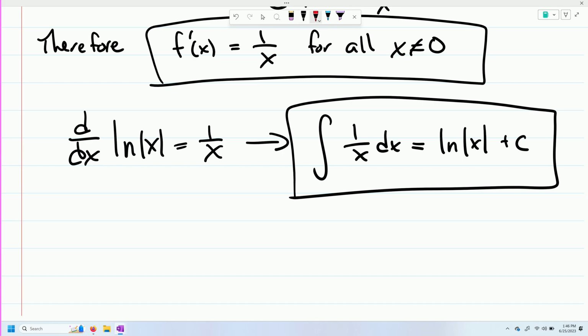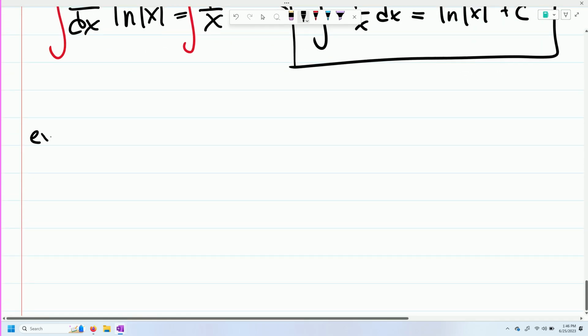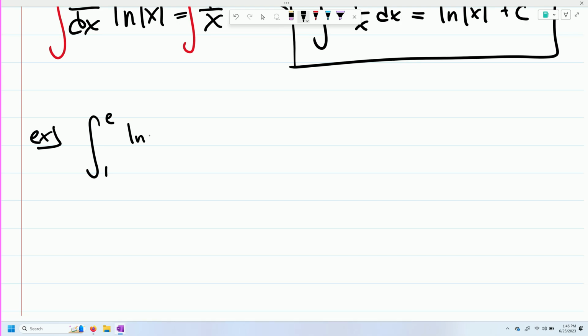And I got that by just looking on the left-hand side and integrating both of these sides. So I'll do a real easy example real quick. Let's integrate from 1 to e the ln of x over x dx.